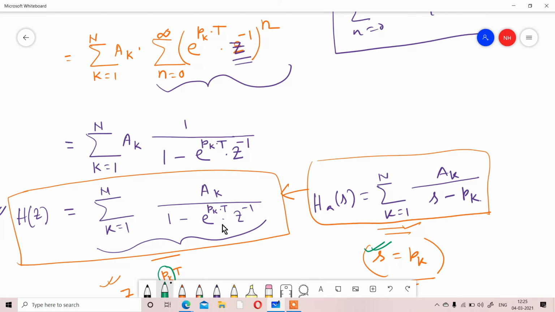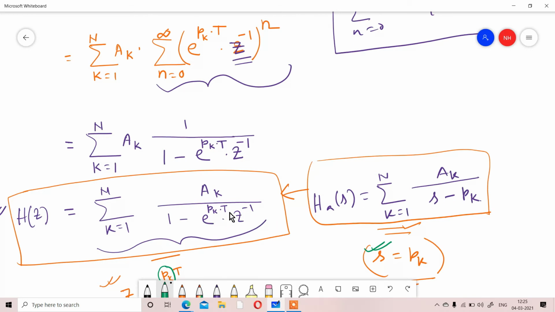Now we have compared: H(z) and H(s) look alike, with k equal to 1 to N for the Z transform, and for the Laplace transform also k equal to 1 to N. You have the numerator a_k in both; the only change is in the denominator.